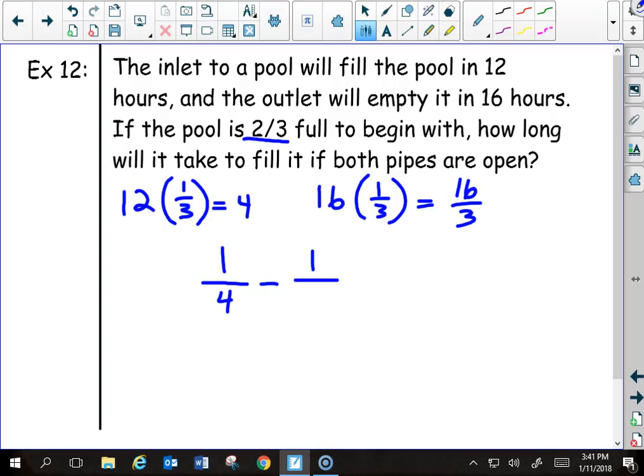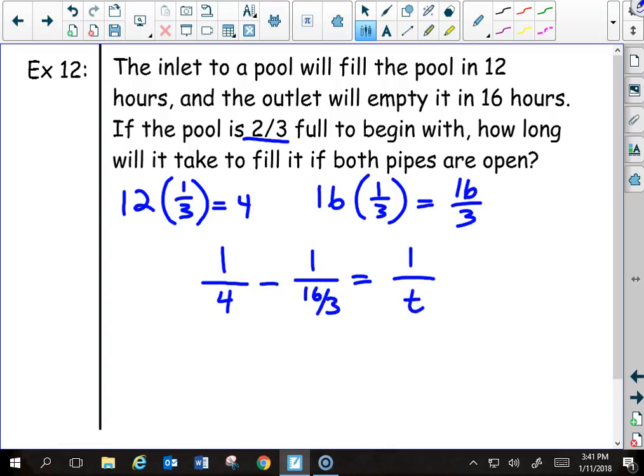So we're looking at rates in order to solve for time. We take the emptying amount and put it in the bottom of the fraction, and then that's going to be 1 over t.